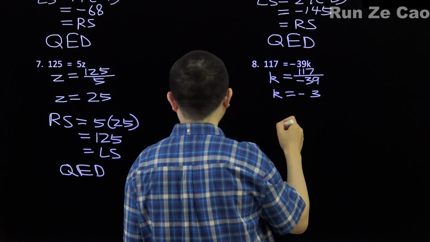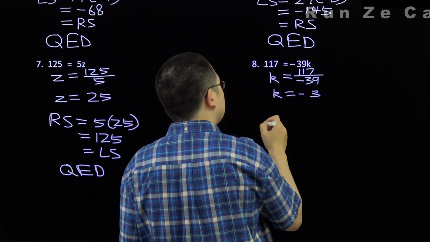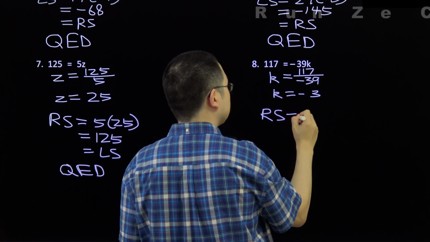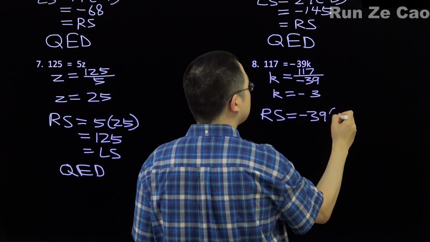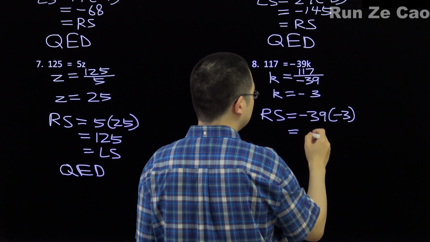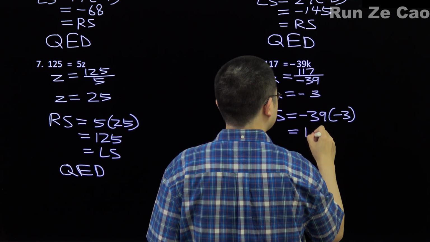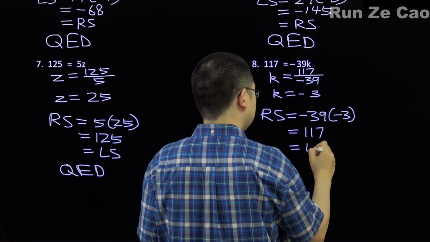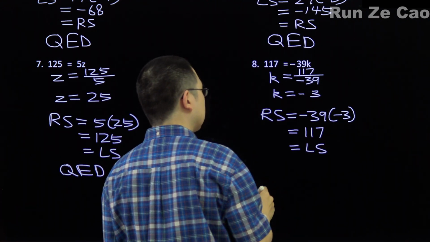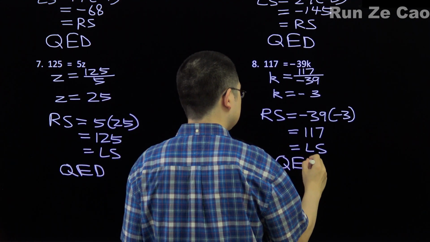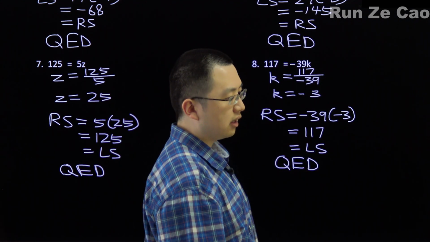So k is equal to negative 3. Now, the right side is where k is at the beginning. So right side is equal to negative 39 times negative 3, which is equal to 117. And this is equal to the left side. Since the right side equals left side, QED. What's been asked has been shown.